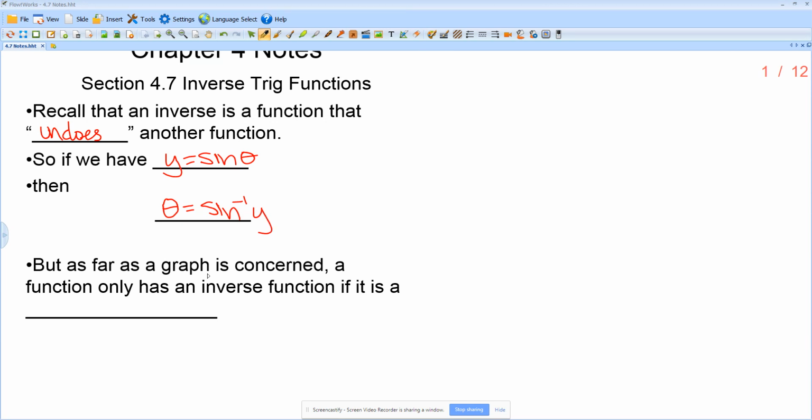As far as the graph is concerned, a function only has an inverse function if it is a one-to-one function, meaning that it has to pass the horizontal line test. So this is throwing all the way back to, I think, chapter 1, when we talked about inverses. Inverse functions have to be one-to-one, which means they have to pass the horizontal line test.